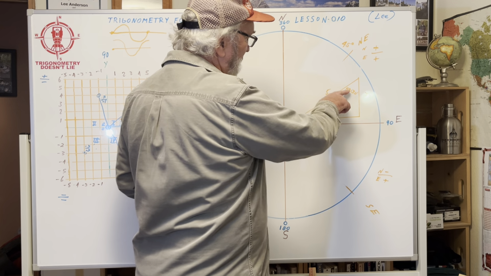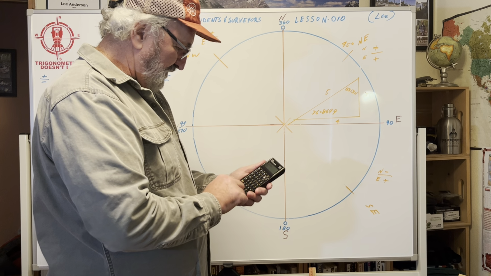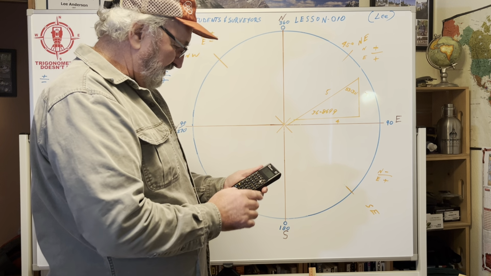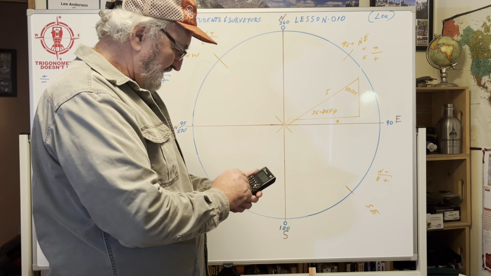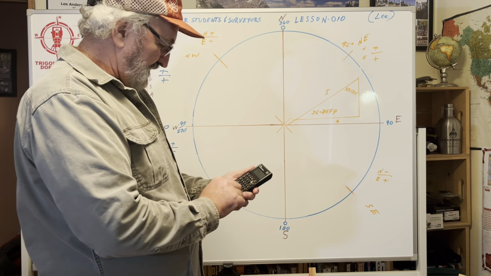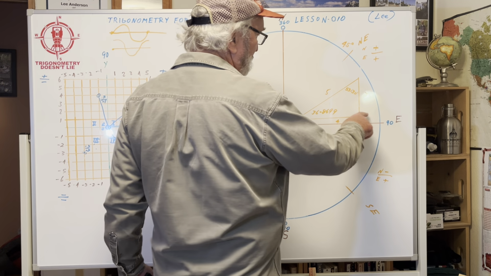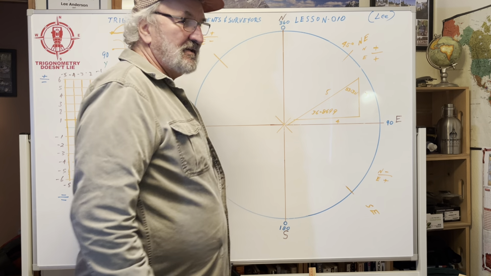But I'm measuring this angle now. So I'm getting 53.1301, 53. Now I'm going to hit sine on that, and I get 8, and that gives me 4. That's down here. That's not giving me that vertical distance.